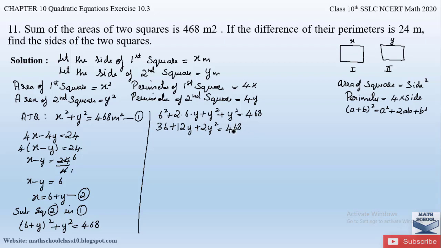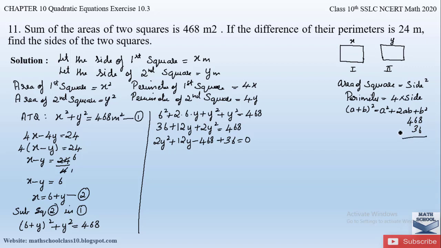Now let us send this 468 to the left hand side. So we will get 2y square plus 12y plus 36 minus 468 is equal to 0. Now if we subtract 468 and 36, since the two signs are different, we will get 468 and 36.